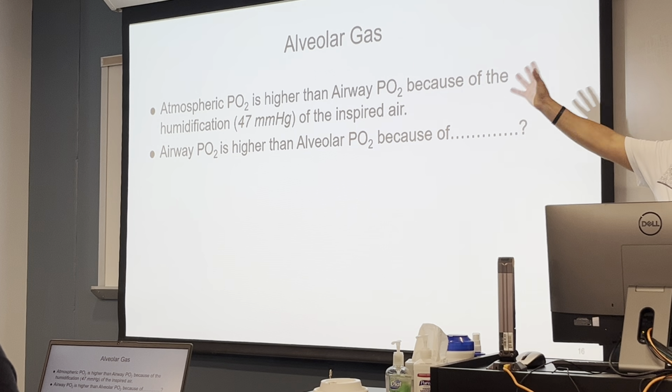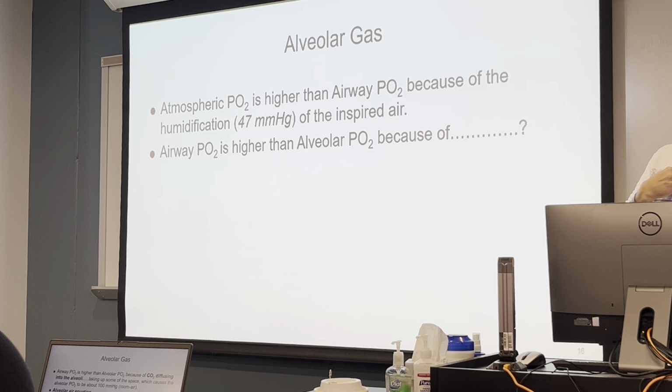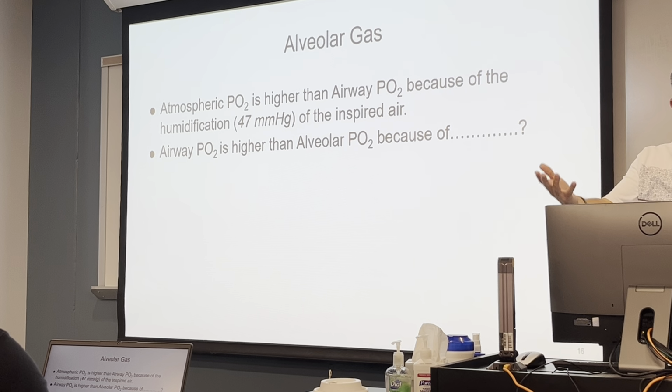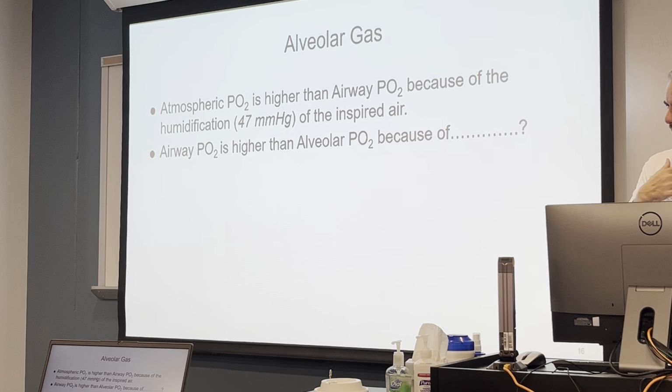So atmospheric oxygen is higher than airway oxygen because of the humidification, that water vapor pressure of 47. Okay, that's rehashing what we talked about in the past. Airway oxygen, which we said was how much again? Approximately 150. Airway oxygen is higher than alveolar oxygen.